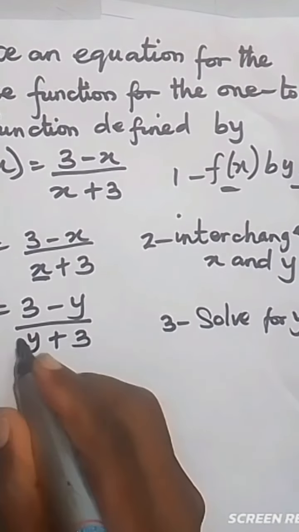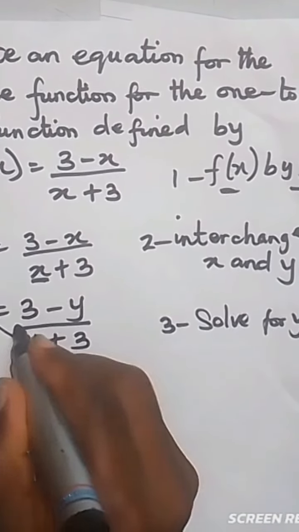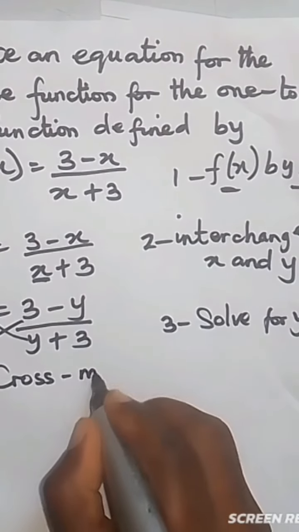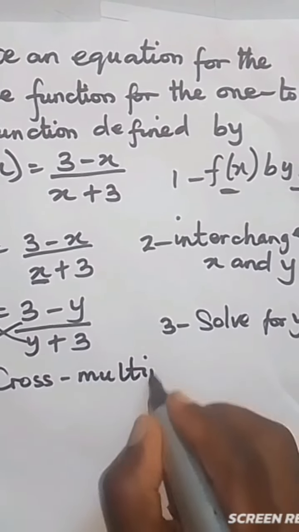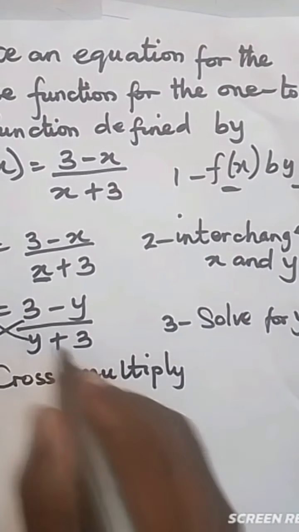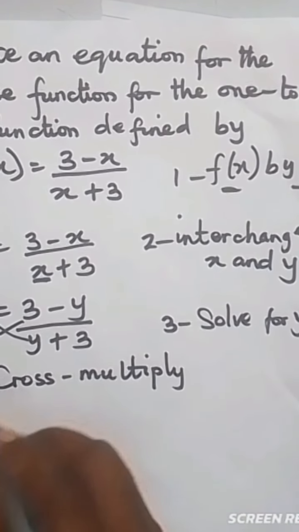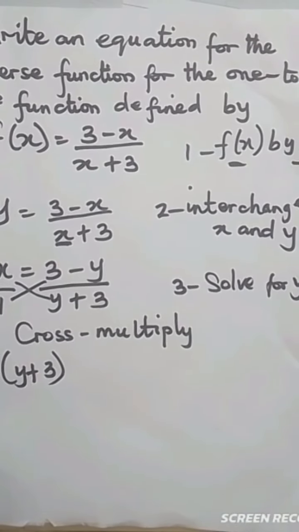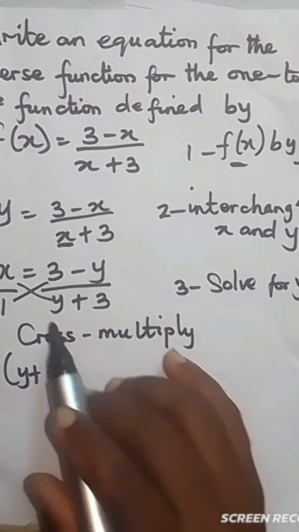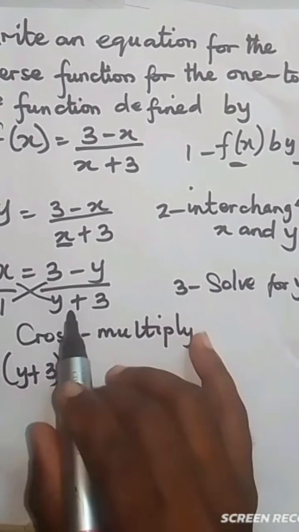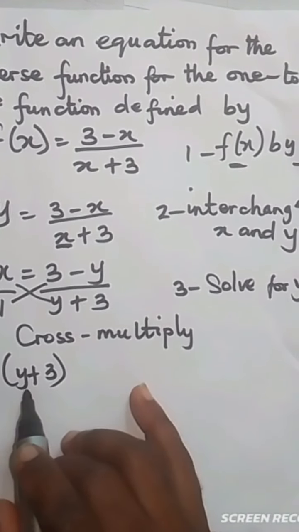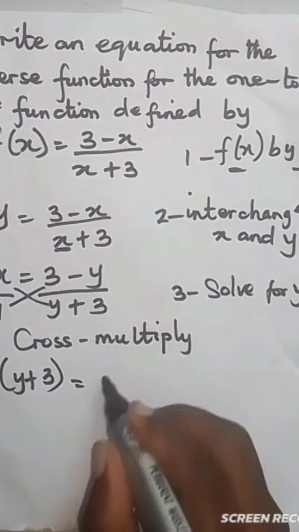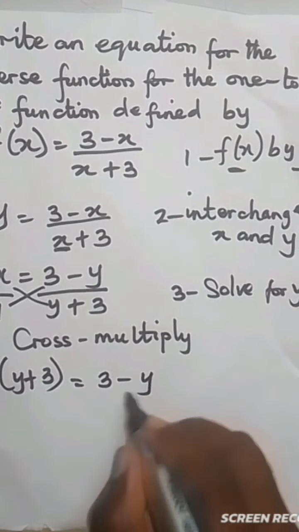To solve for y, you do what we call cross multiplication. So we're going to cross multiply. We have x in brackets (y + 3), these are parentheses, equals 3 minus y.